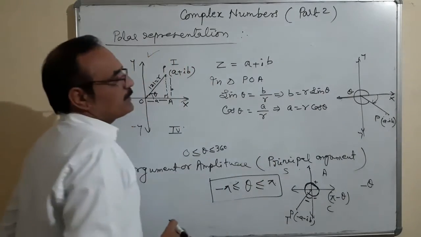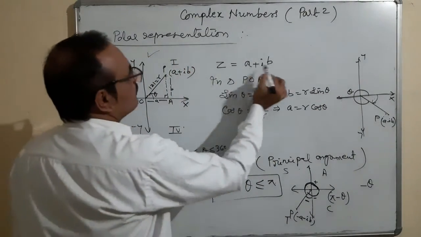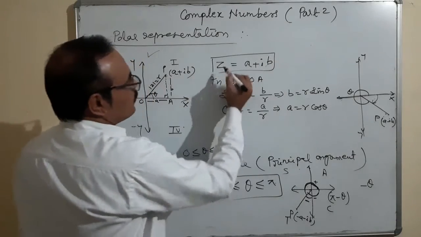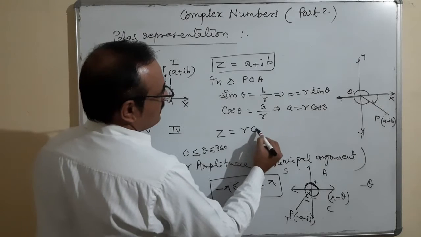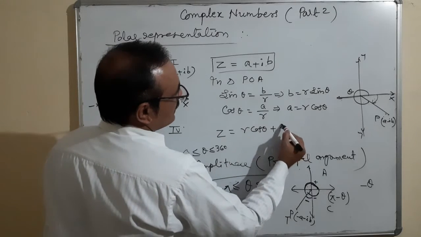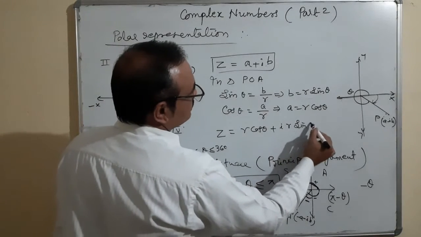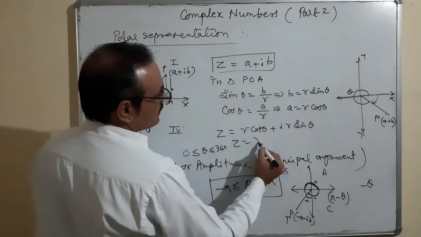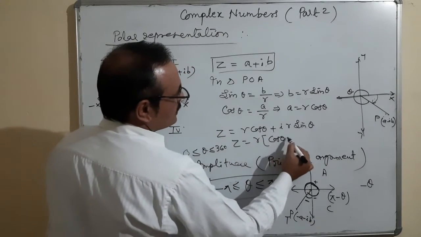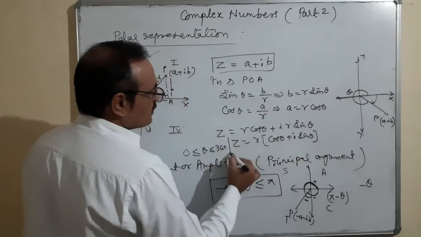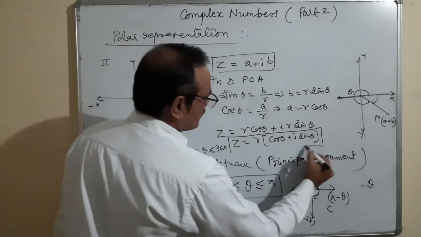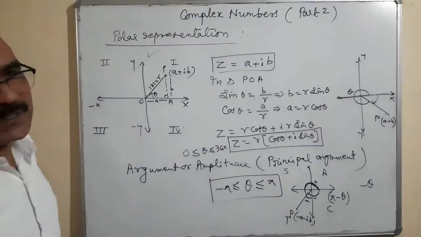These two values will be replaced in place of A plus iB. Then Z is equal to R cos theta plus i R sin theta. So Z is equal to R times cos theta plus i sin theta. This is called the polar representation.